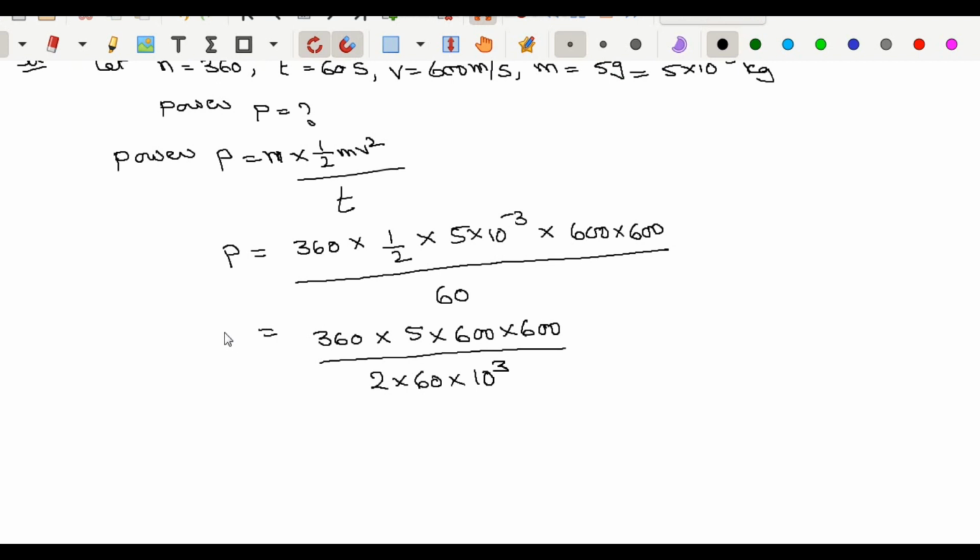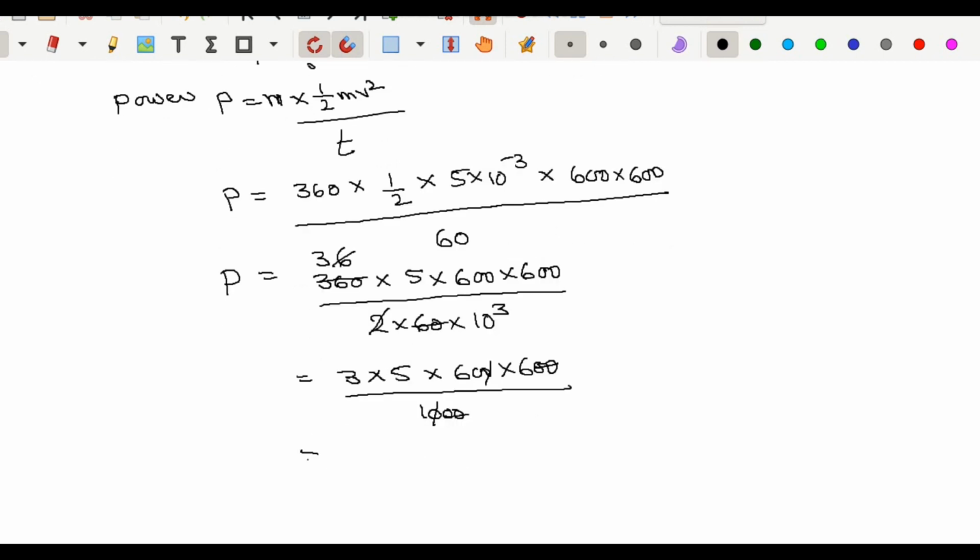10 power 3 is nothing but 1000. 60 goes 6 times into 360, so the numerator will be 6 into 5 into 600 into 600 divided by 1000. Now cancel these 2 zeros and 2 zeros.